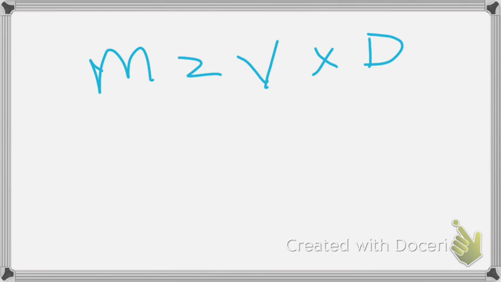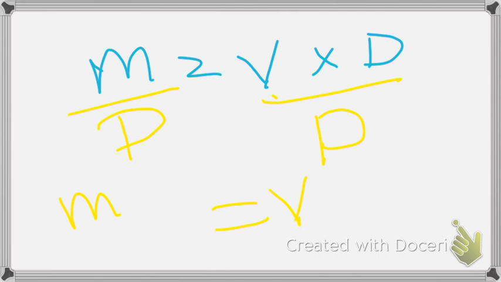And to manipulate that, for example, if we wanted to figure out what the volume is, we're going to divide. I'm sorry, multiply or divide both sides by density so that you end up with volume is equal to mass divided by density.